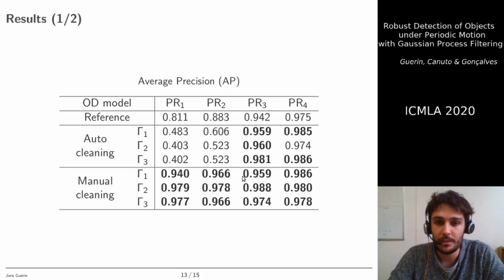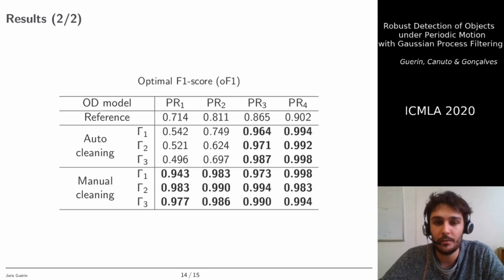Average precision is an interesting metric, but I believe this one is even more interesting, which represents the optimal point of the model. That's basically the point where both precision and recall are highest along the curve.